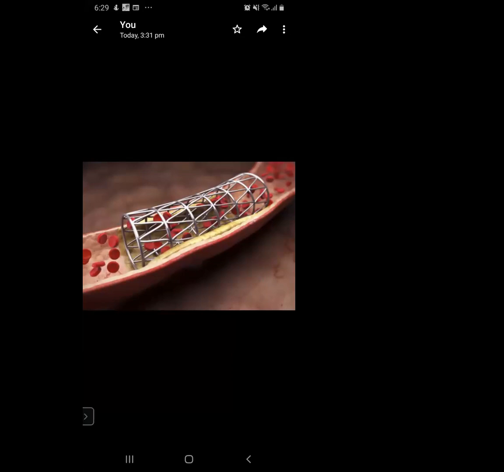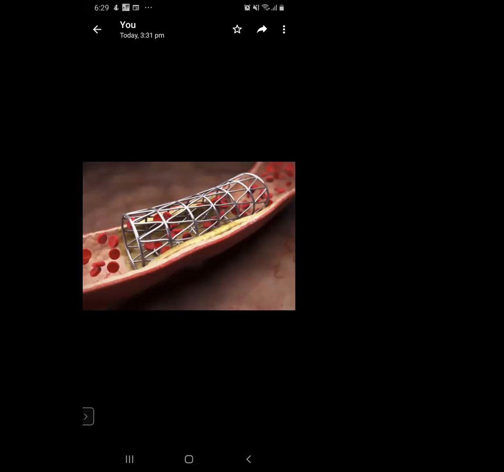You can also see the plaque, the yellow part at the sides. So the mesh tube is pressing that plaque sideways and opening the vessel, and therefore allowing the red blood cells to pass through it, right? So this is how a blocked artery is opened with the help of a mesh tube.